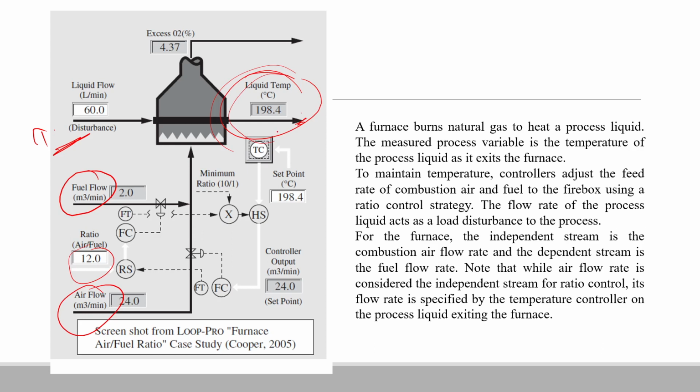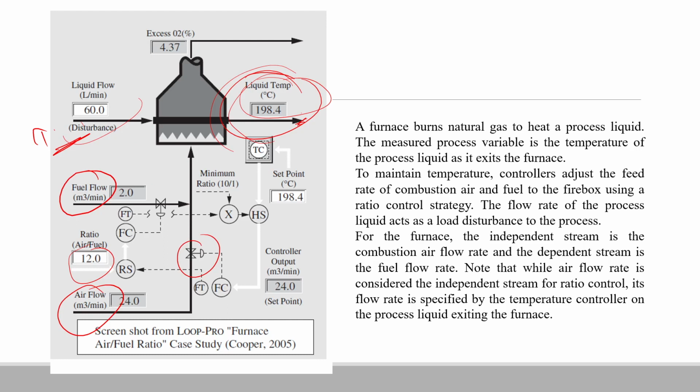Corresponding to that, we will measure the temperature, and then we need to adjust the air-to-fuel ratio also. We will increase the air ratio, and corresponding to the ratio, the fuel flow rate will also increase in order to compensate for this disturbance. This is an example of a ratio controller whereby we are compensating for the disturbance also.